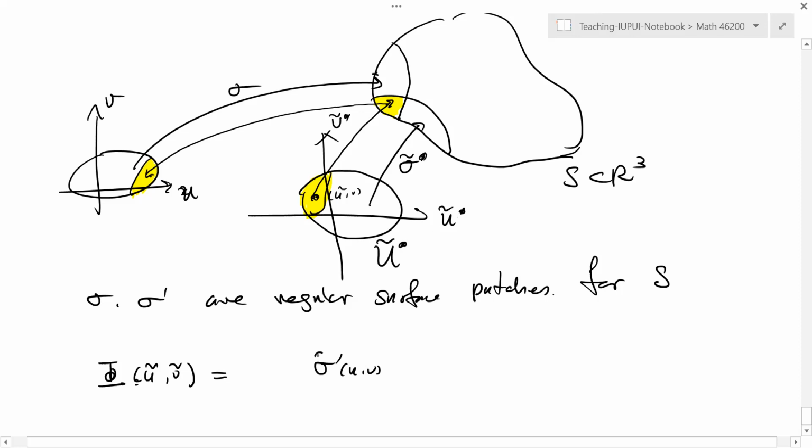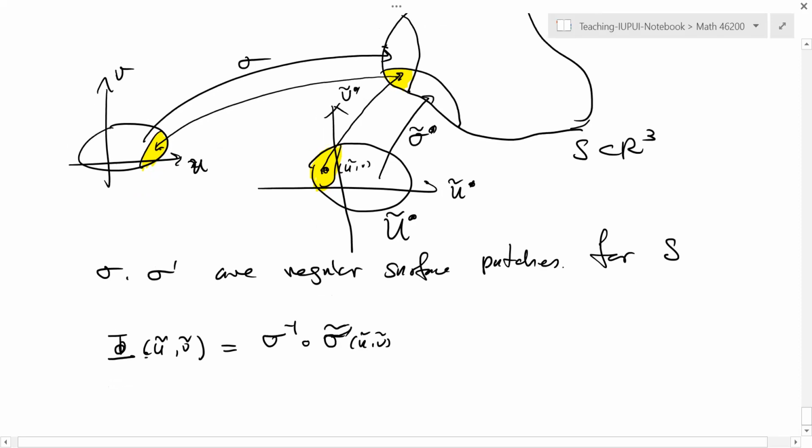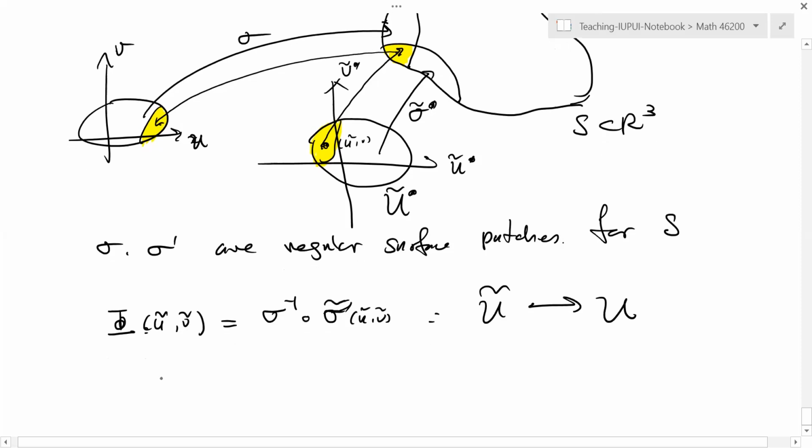Then you pull back. It's invertible, right? So you get a map from some set in U2 to U1, some set, not the whole U.